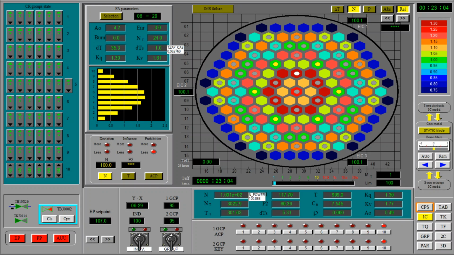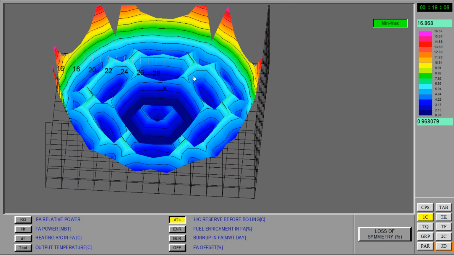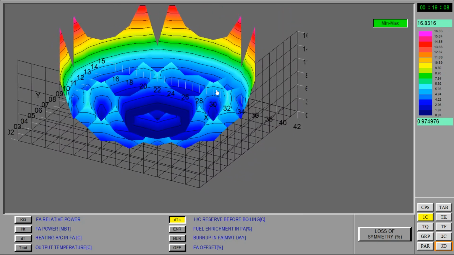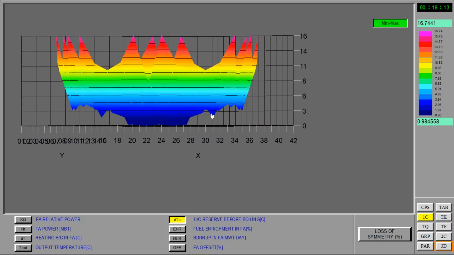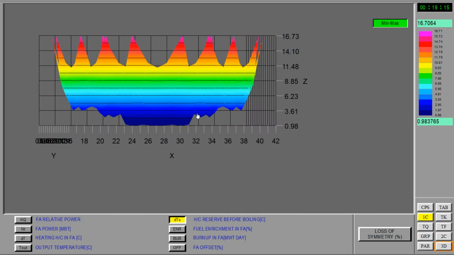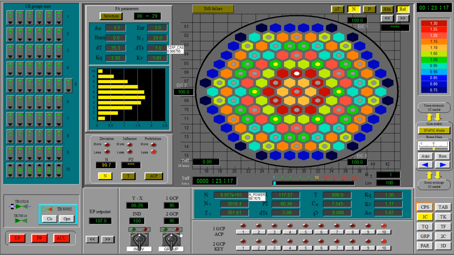We are 1 degree from boiling. Let's look at the 3D plot. Let's continue withdrawing. We are almost with all the rods withdrawn.